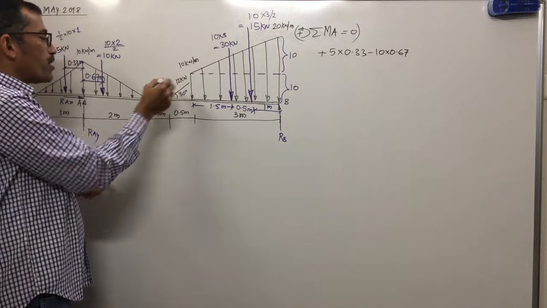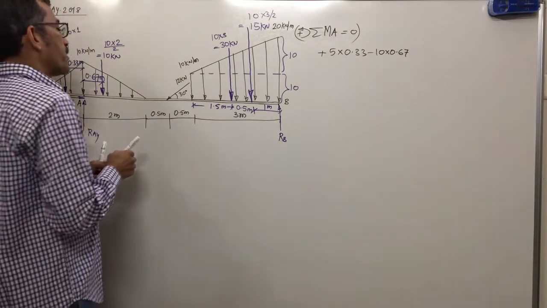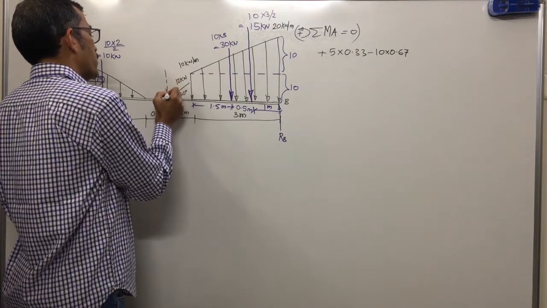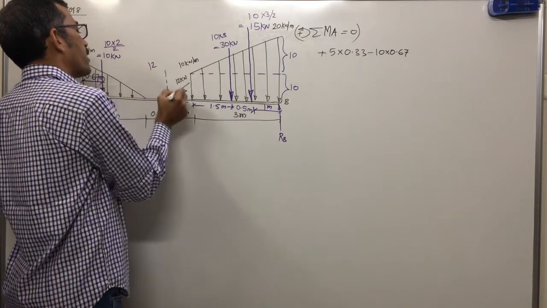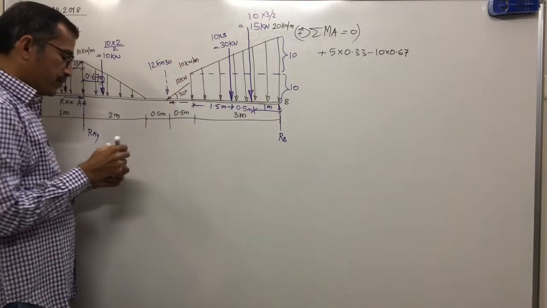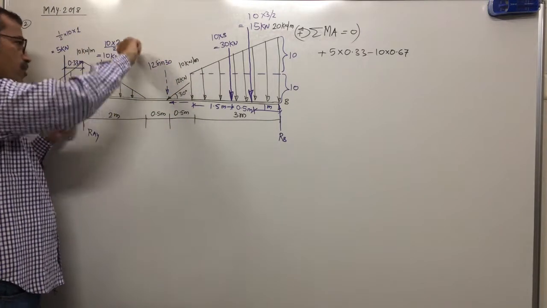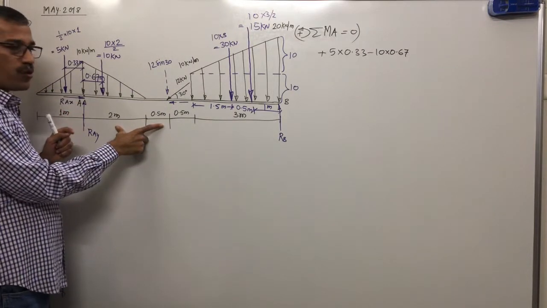After this, the moment of 12 kilonewton: we will resolve it into vertical and horizontal components. The angle is with the horizontal, so the vertical component is 12 sine 30. The moment of 12 sine 30 is again clockwise. Distance 2 and 0.5 means 2.5.